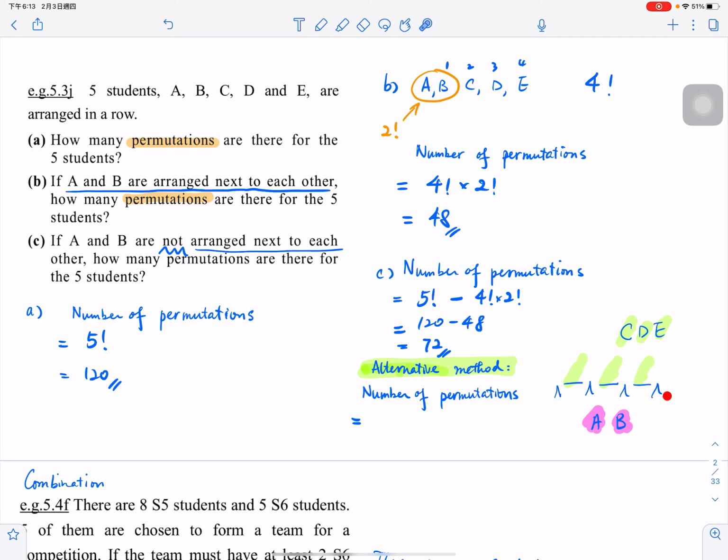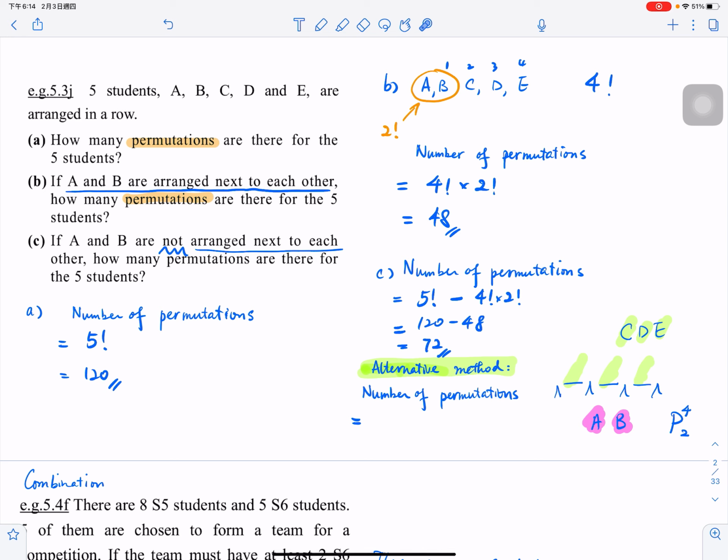These 4 positions can take A or B. That means you have 4 choices and choose 2 positions. Maybe these 2, A, B, maybe these 2, B, A, so 2 different choices. So you can think of this as 4P2. 4 positions, you choose 2 of them for A and B.